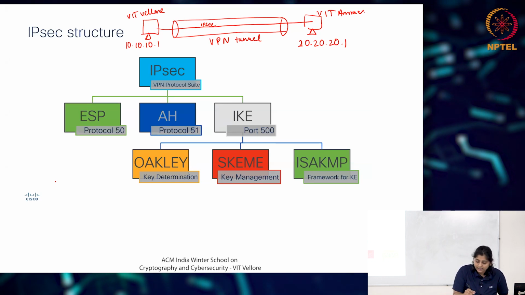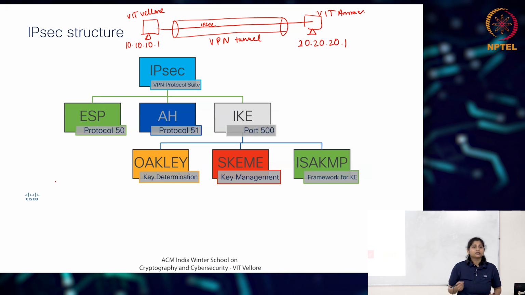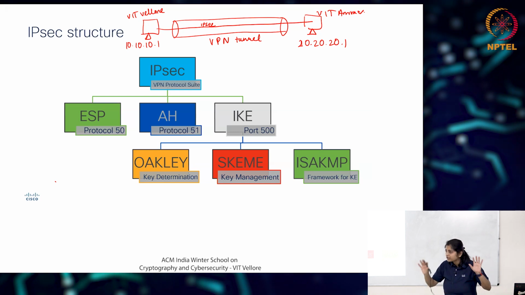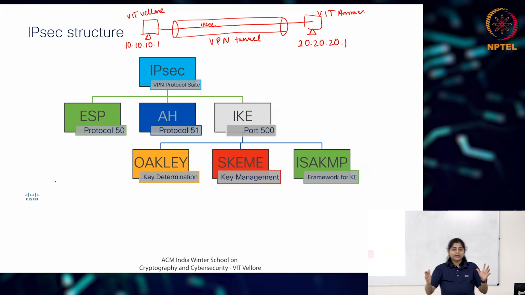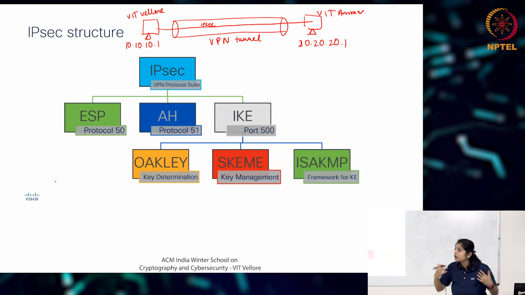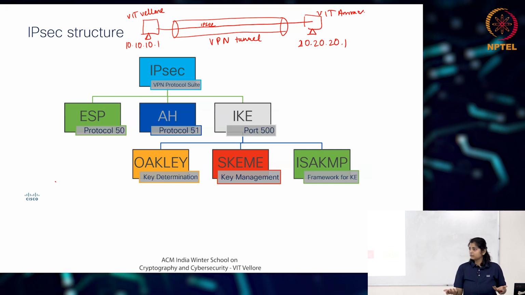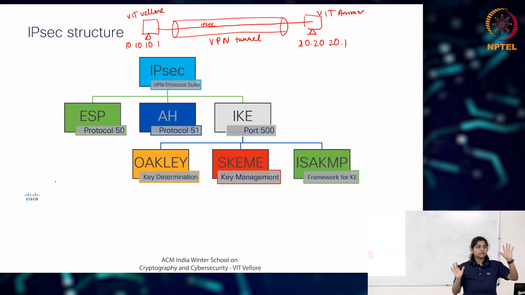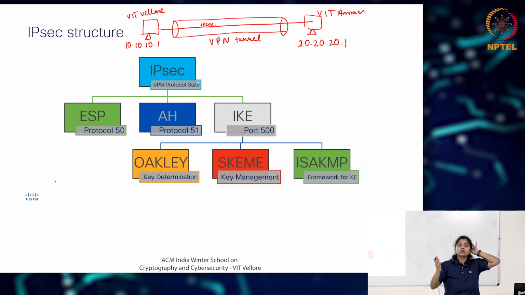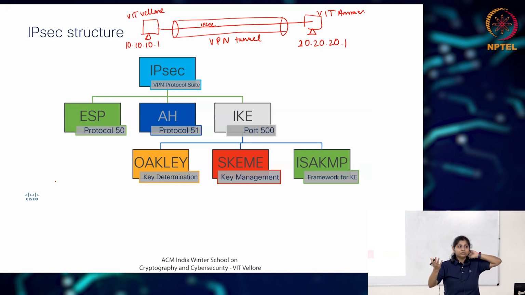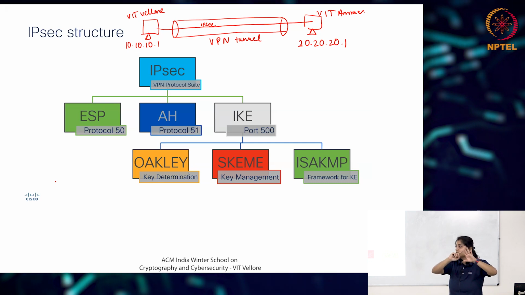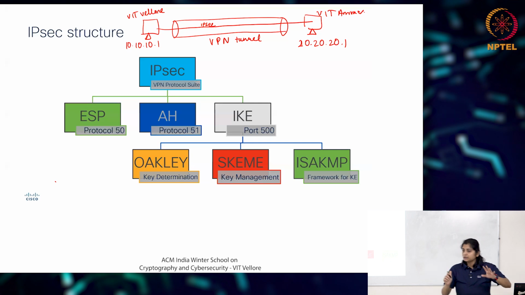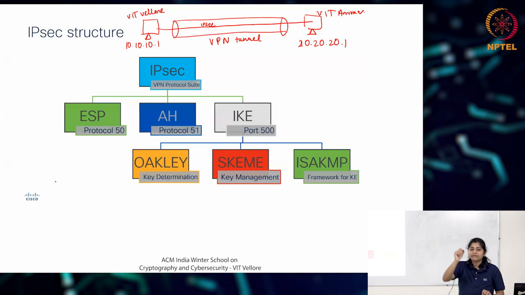Now, obviously these PCs are not directly connected to each other in the real world. They go through a switch and they actually cannot talk to each other. Is that clear? Why? There has to be a router, a firewall, the internet and everything. So VIT Vellore will have a server here.